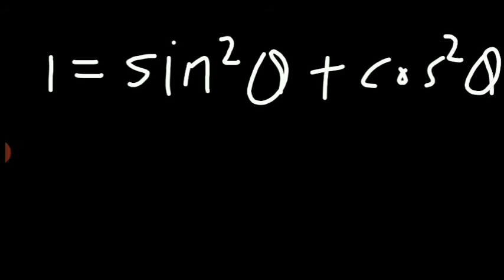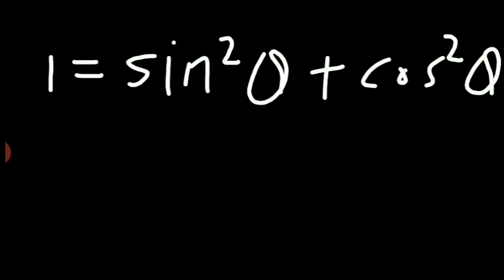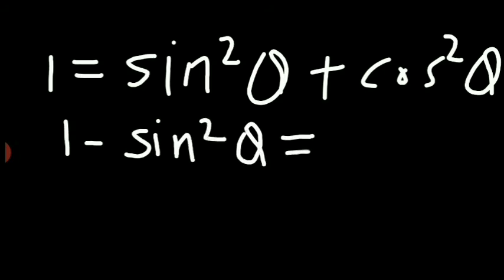By transposing the terms, we can find two more identities: 1 minus sin square theta is equal to cos square theta.